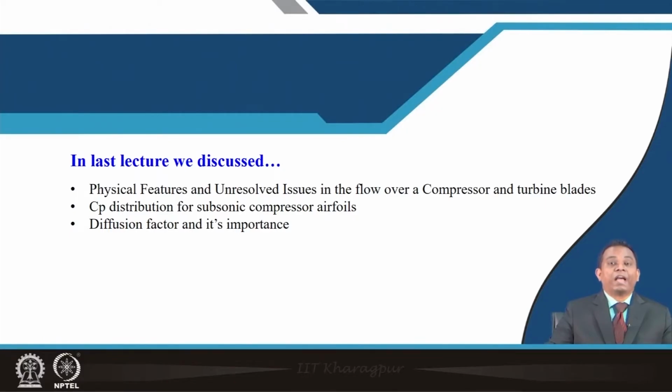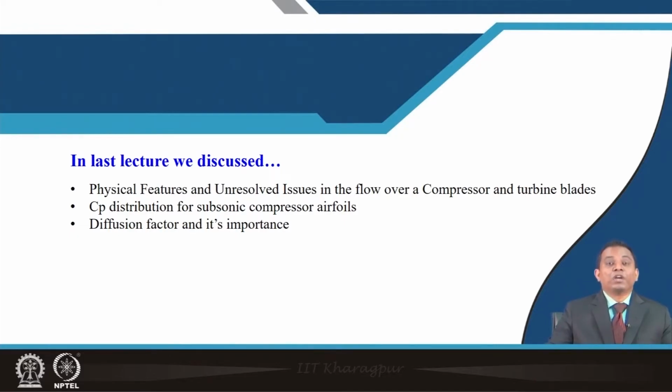Basically, that is what handles the flow acceleration happening initially near the leading edge. And on the trailing edge, the flow gets diffused on both my pressure surface as well as my suction surface.